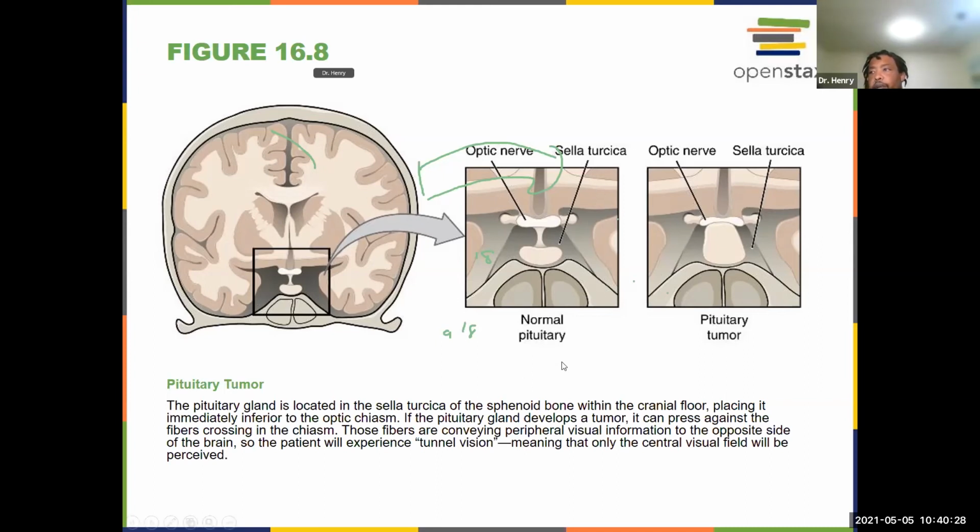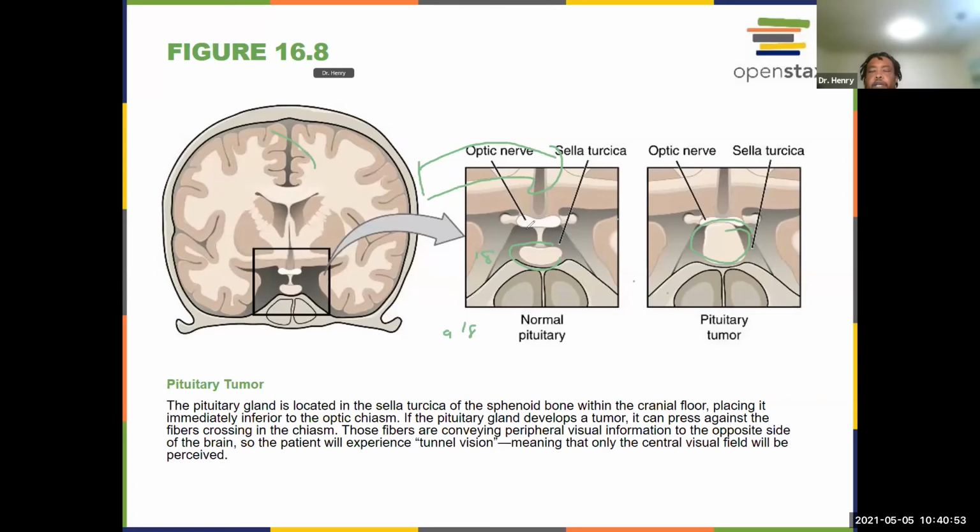So this here is a normal pituitary gland, and this here is a pituitary tumor, right? So the gland is malignant, in this case it's growing consistently, and it's putting pressure on the optic nerve, right?